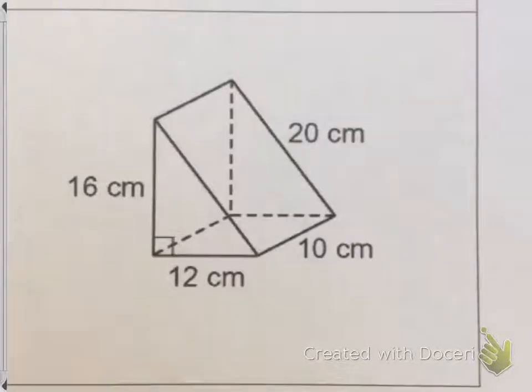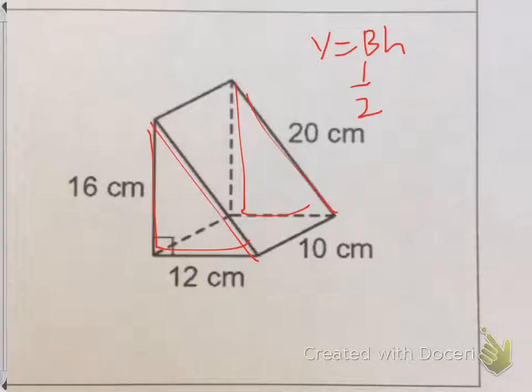One more example like this on the next one. This too is a triangular prism. You can tell because both ends of it are triangles. Again, the formula is the area of the base times the height, but the base here is a triangle, and the formula for a triangle is 1/2 the base times the height. Then I'm going to times it by the height of the prism.